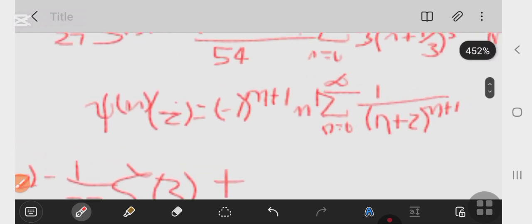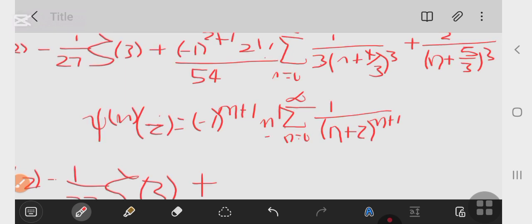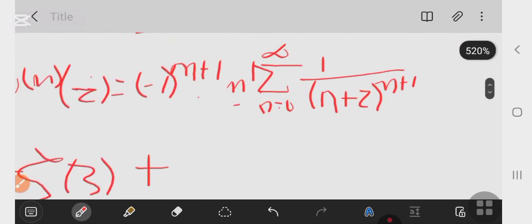If you watch these two here, this is 2 factorial like m factorial, then 2 plus 1 like m plus 1 here, then 3 is 2 plus 1, so I'll have 1 over 54.